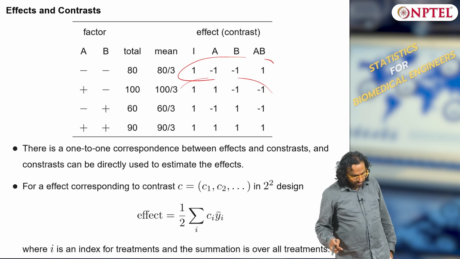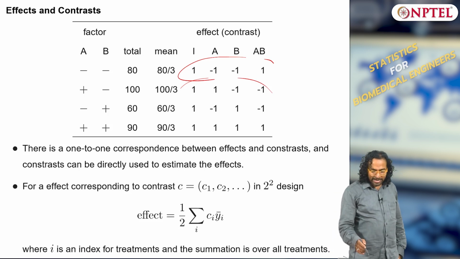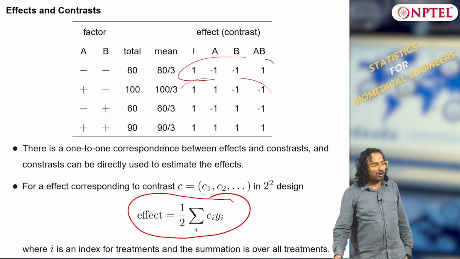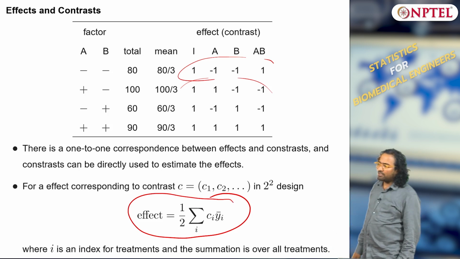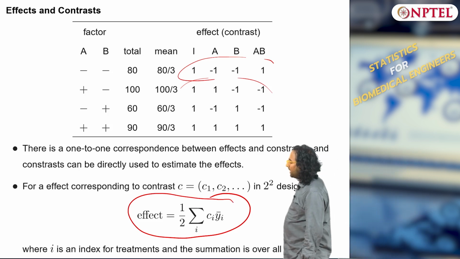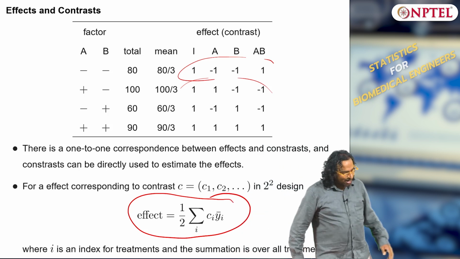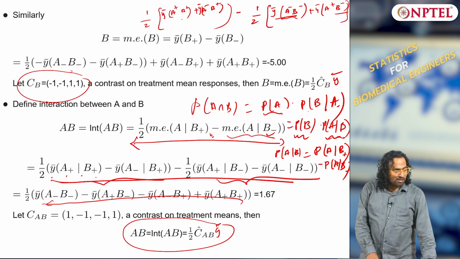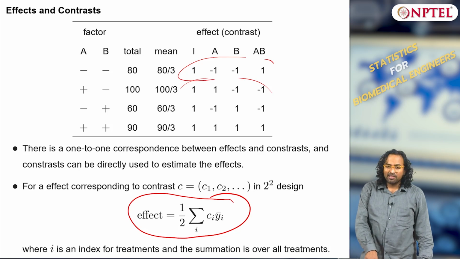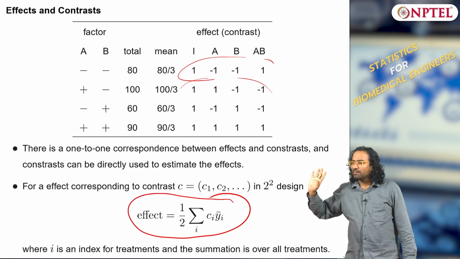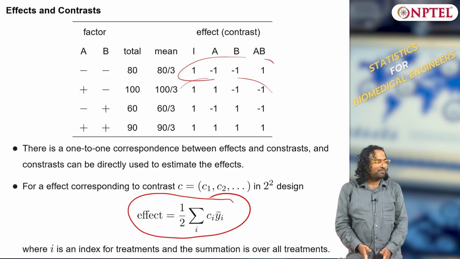Okay. So now any effect is nothing but, this is the reason why I wanted to write it. Now any effect, irrespective of main effect or treatment interaction effect, it is nothing but half of the corresponding contrast multiplied by the corresponding mean. So this is the compact way to write.